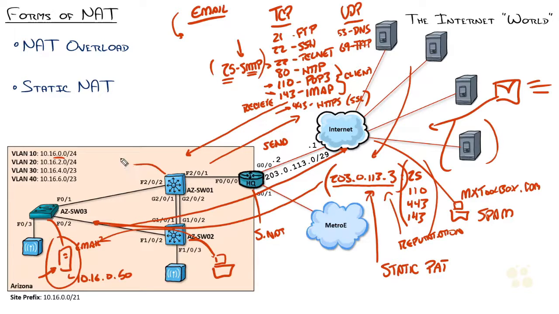But I've got another server up here. Let's just say it's just a web server, an unsecure HTTP web server. So I could set it up to where I kind of stretch this IP address. I could say, okay, if somebody tries to access my router on 203.0.113.3 on port 80, then I will forward that into that web server.